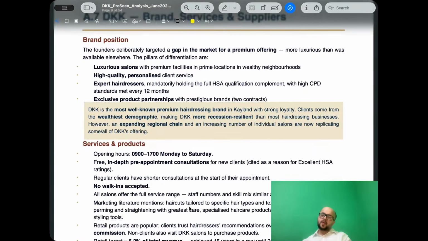DKK is the most well-known premium hairdressing brand in Kalen with strong loyalty. Clients come from the wealthiest demographic. Rich people who don't mind spending 1100 for a haircut, making DKK more recession resilient than most hairdressing businesses.